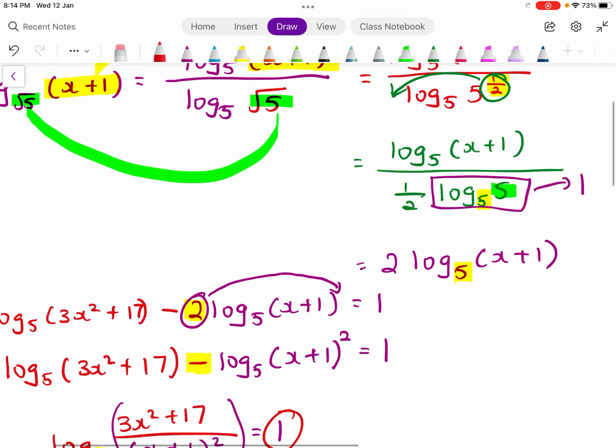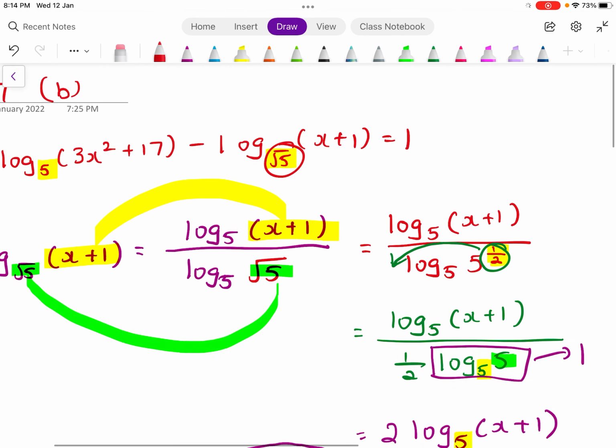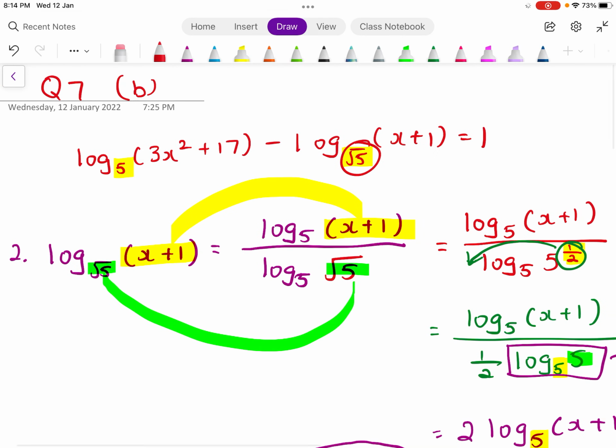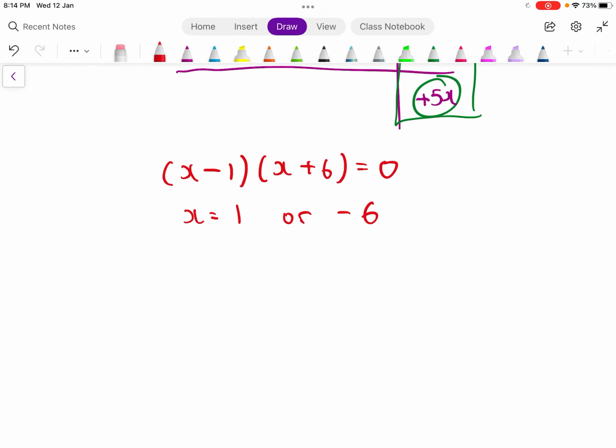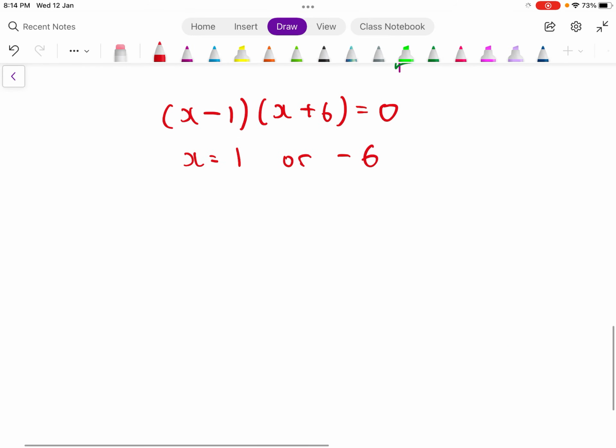The first term is 3x squared, everything seems okay, but look at the second term here: log base square root 5, bracket x plus 1, then a bracket.